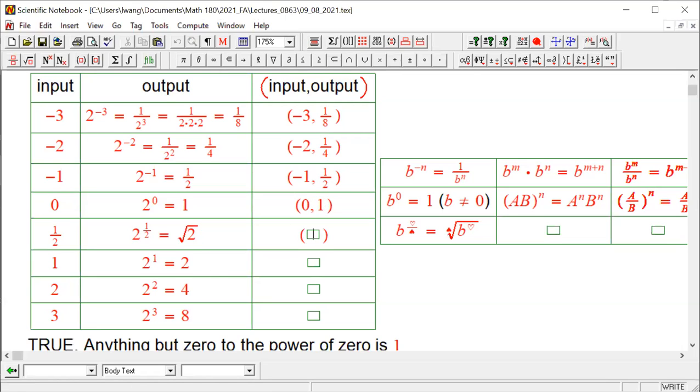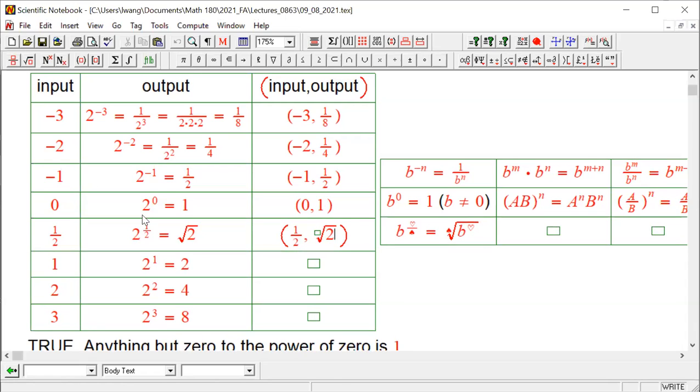Input is half, output is √2. √2 is a number between 1 and 2, right? If you really want a numerical approximation, it's 1.414, followed by many digits. But you just have to know it's a number between 1 and 2.